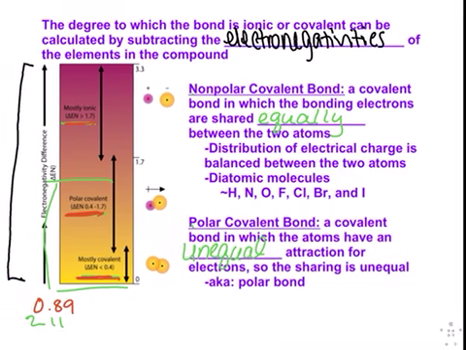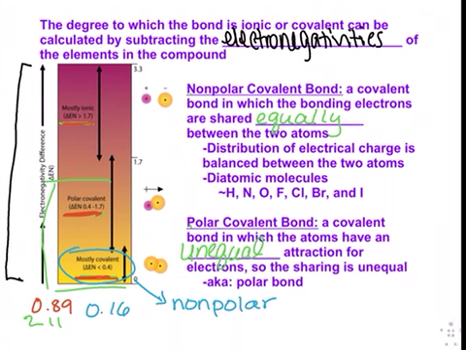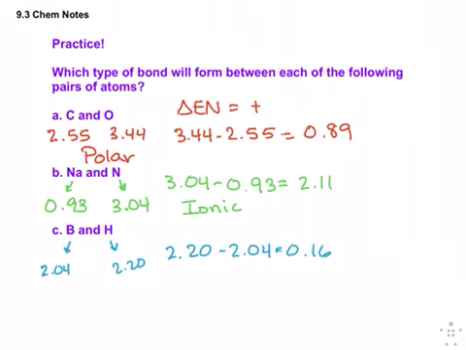Go back to your chart. And 0.16 falls into which one? Mostly covalent. So when you get mostly covalent, that also means nonpolar. Is that what you want as nonpolar? Yep, nonpolar.